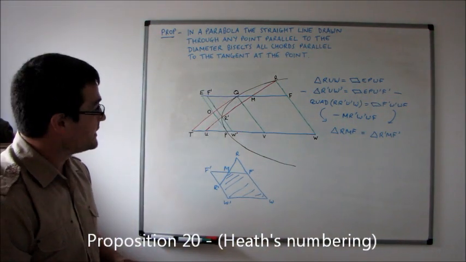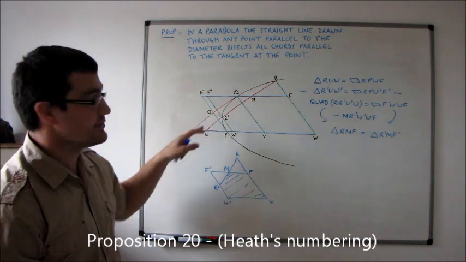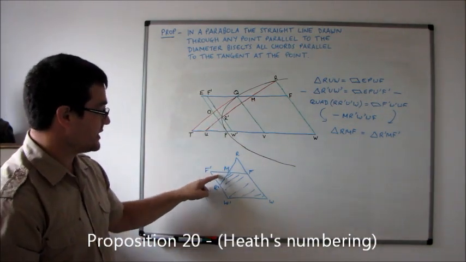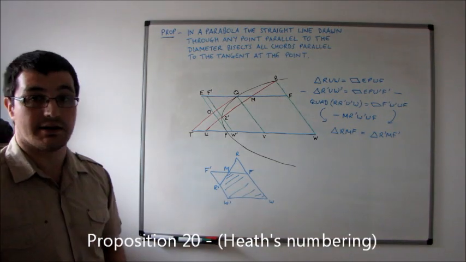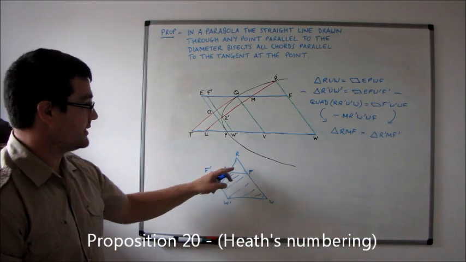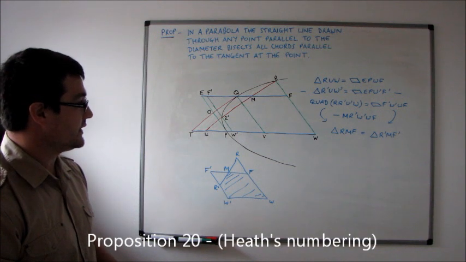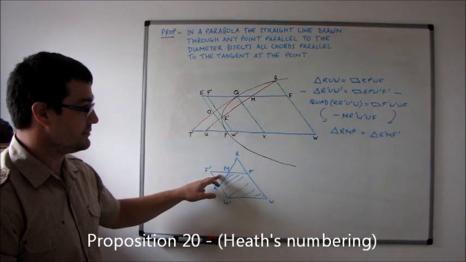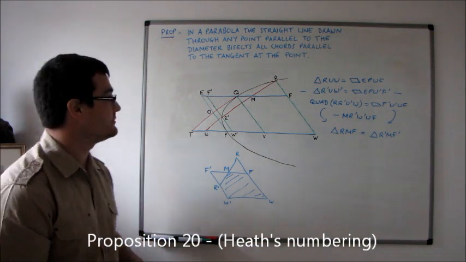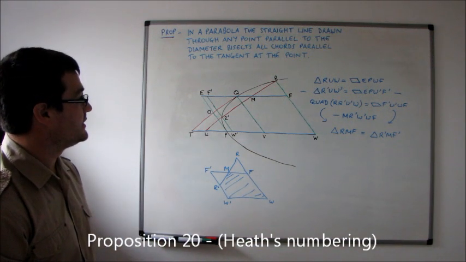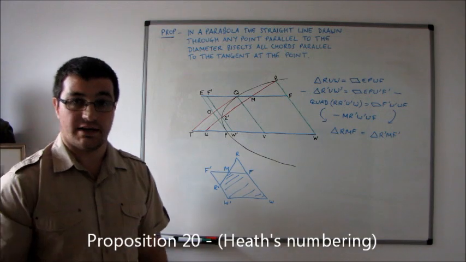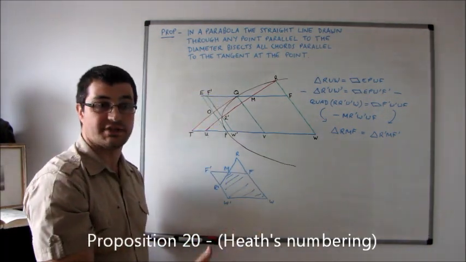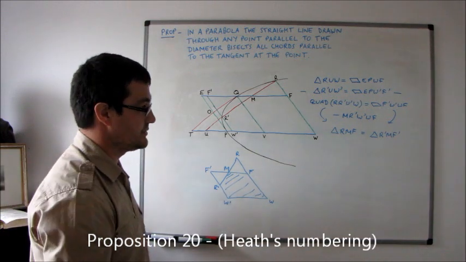Okay, and it's quite clear, I think, from the diagram, considering the parallels that are involved, that these triangles are going to be equiangular, so therefore they're going to be similar triangles. But not only do we know that they're similar, they've actually got the same area. So that means that actually they're congruent.